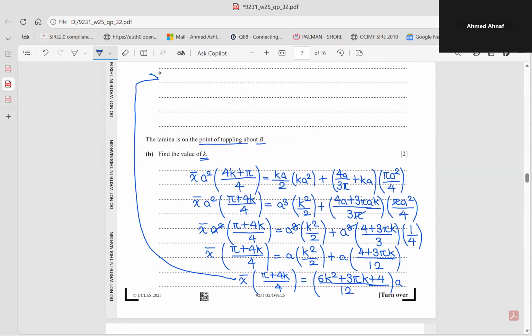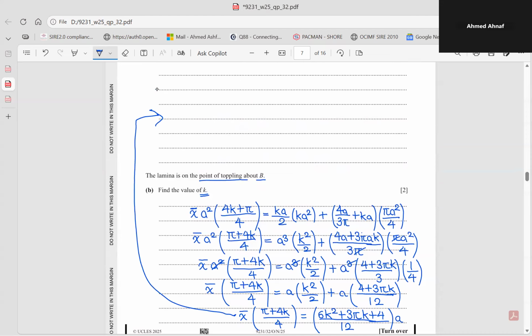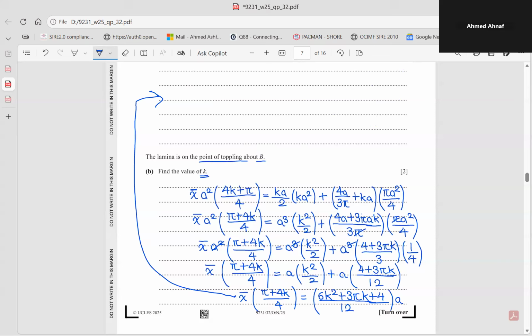Let's continue it in here. In the exam, please use the additional page. So x bar is equal to 6k squared plus 3 pi k plus 4 over 12a times 4 over pi plus 4k.